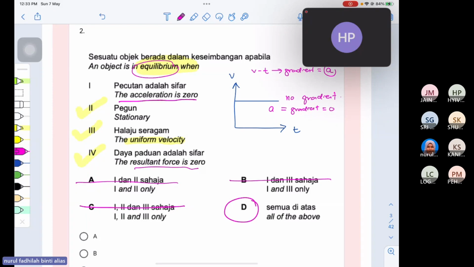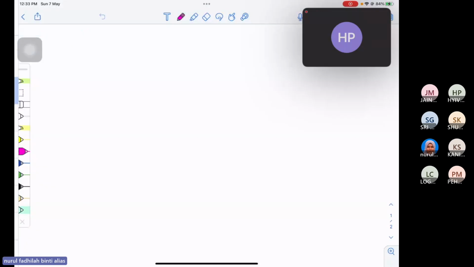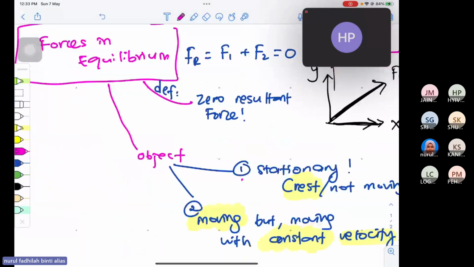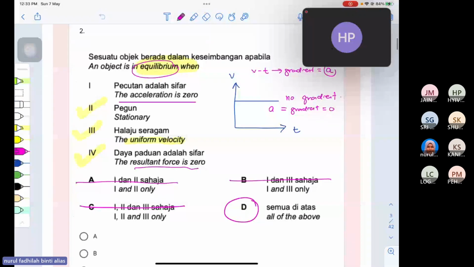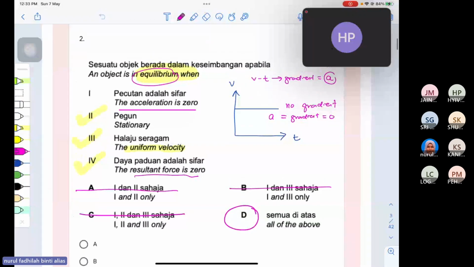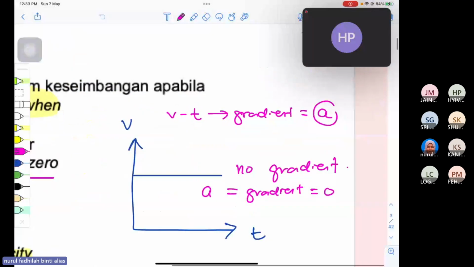The acceleration is 0. Walaupun itu statement yang tak ada dalam nombor 1, nombor 2 ataupun bukan definition, but we have to understand what is the meaning of acceleration is 0. Kalau you recall balik dalam chapter 2 form 4 tentang motion, graph motion, when we have an object and we say the object is moving at constant velocity, so there is no gradient. Right.